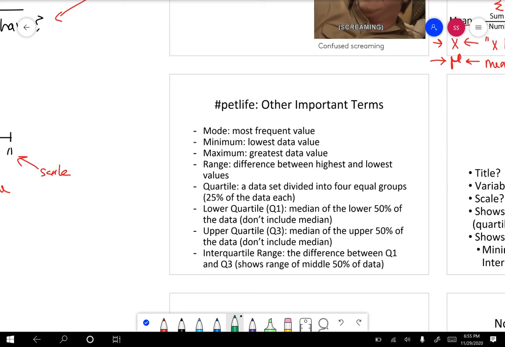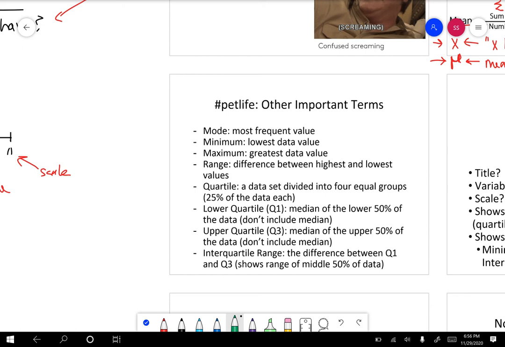The minimum is just the lowest data value, so there would be 0. Right? We have 2 people who have 0 pets. The maximum, that's the greatest number. So in this case, 11. Right? There's 2 people who have 11 pets, and there's no one who has more than 11 pets.